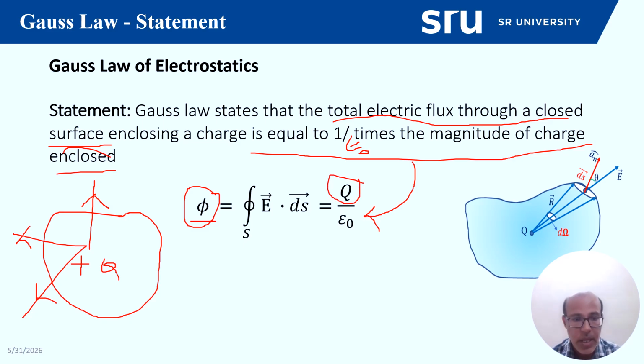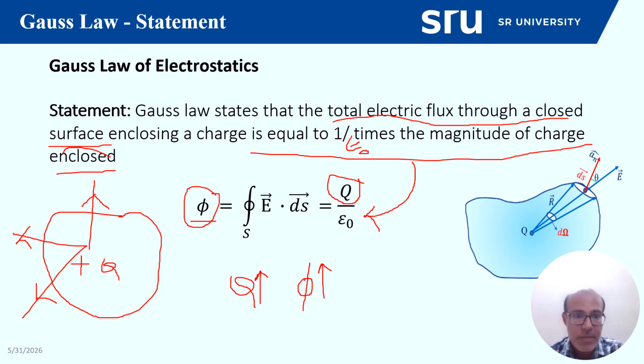If charge is more, automatically the flux coming out is more, because flux due to a positive charge radiates outward. So to know how much flux is radiating outward, you should know how much charge that closed surface is enclosing.